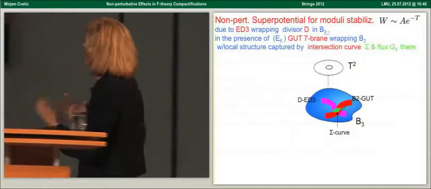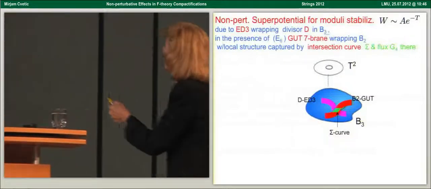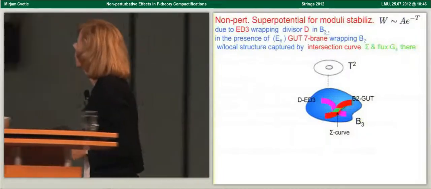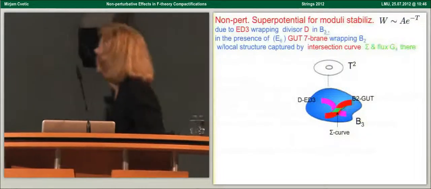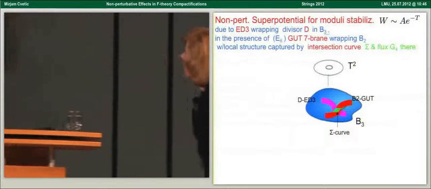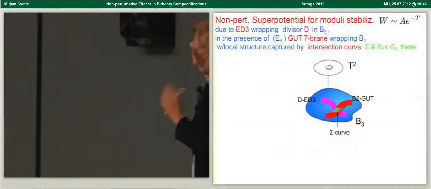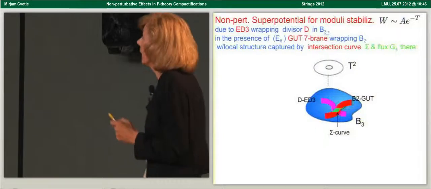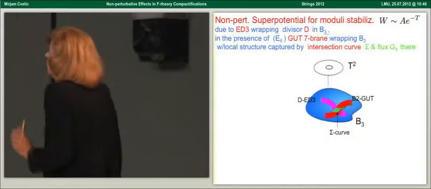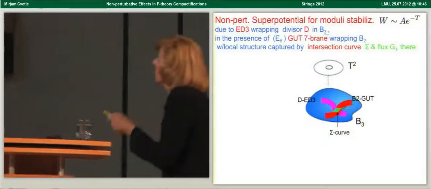So we want to directly study the moduli dependence of this prefactor A that I'm going to refer to as a Pfaffian.